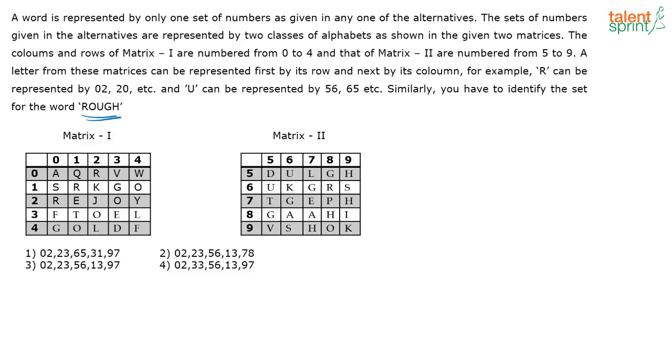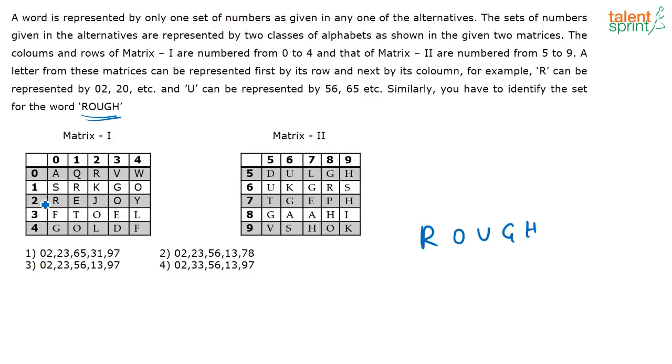So again, a lot of you give me the answer as option 3. See, again a fairly easy question, rough, correct? R-O-U-G-H. So if you look at all the options, 0, 2 is common. What you have to remember here is that if you take the letter R, R can be represented as 0, 2 or 2, 0, correct?